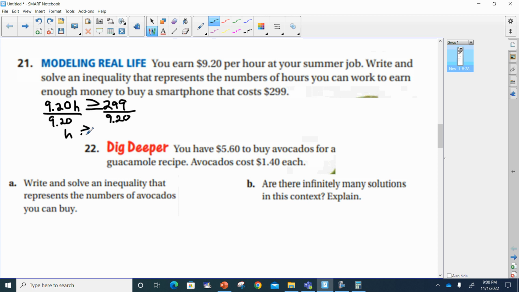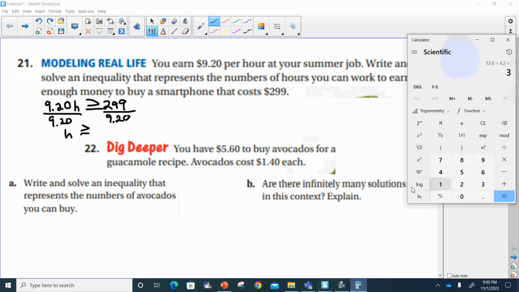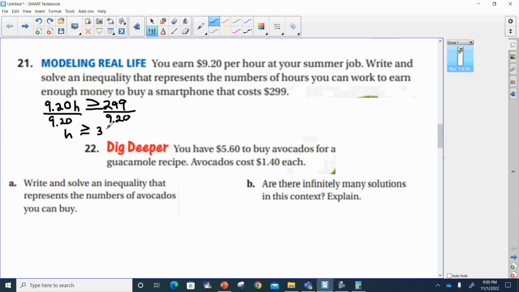Okay, and if I do this, let's see, 299 divided by $9.20 gives us 32.5. So what is this telling me? I'm going to need to work 32 and a half hours. So when it says represent the number of hours, 32.5 would be 32 and a half hours, right?